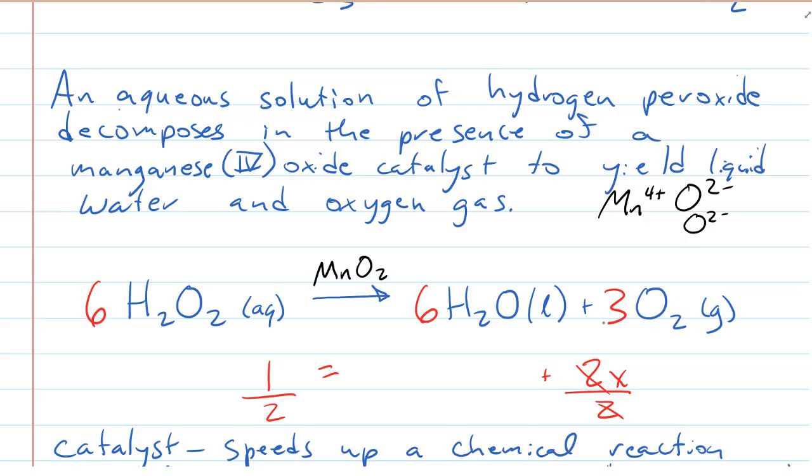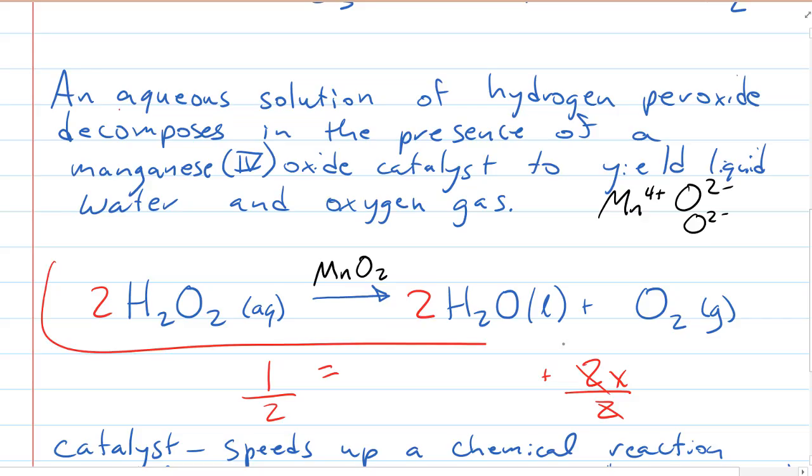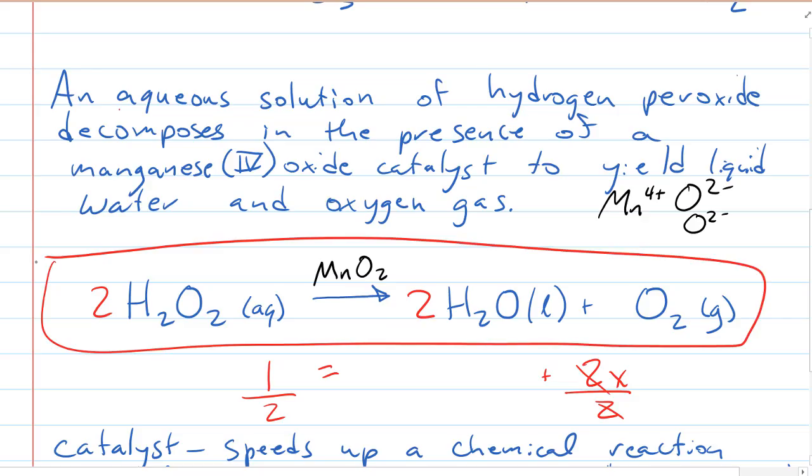So each of these coefficients can be reduced by a factor of 3. And so if you can ever reduce your coefficients down, you reduce them down. In this case, then we reduce them down to 2, 2, and 1. And again, that is the convention that mastering chemistry will use, the back of the book will use. The convention I will use is always to have them reduce to the lowest whole number values.